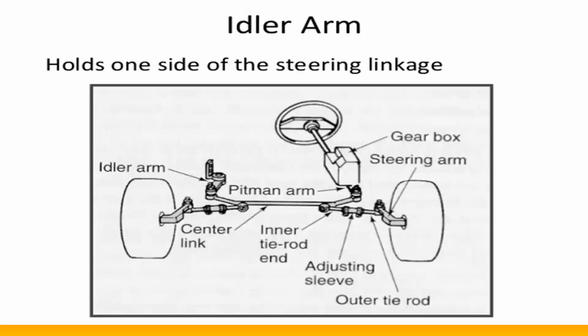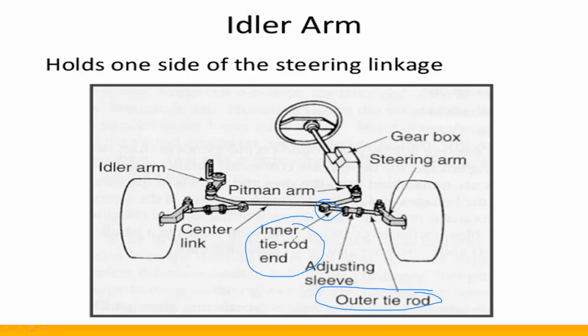You can see this diagram, where we look at the linkages in the steering system. First one is the tie rod. The tie rod is placed at the inner tie rod end. You can see that inner tie rod end, the outer tie rod end, and the inner tie rod.